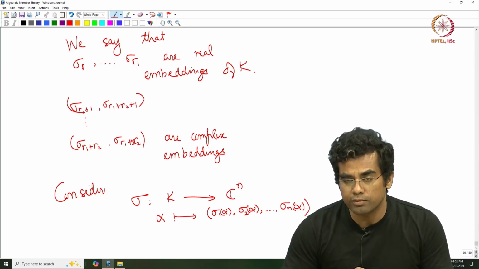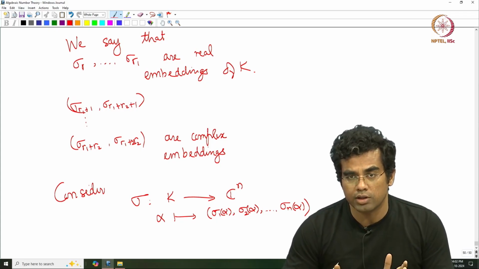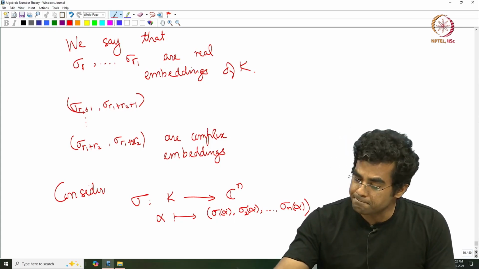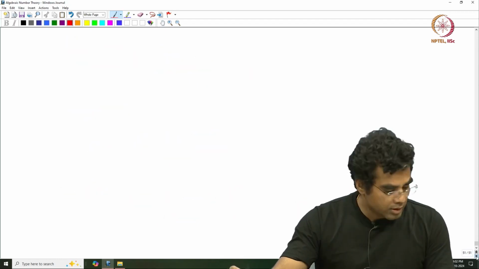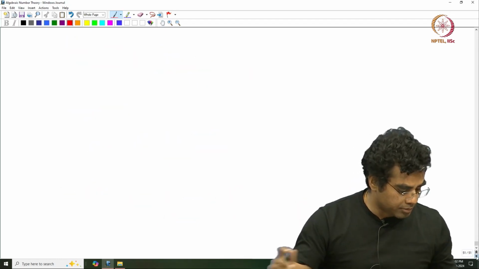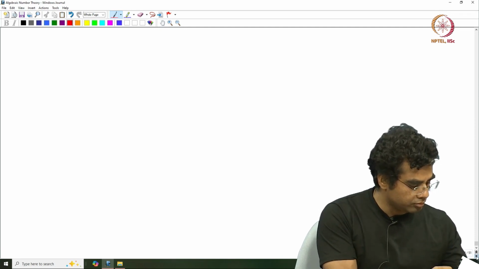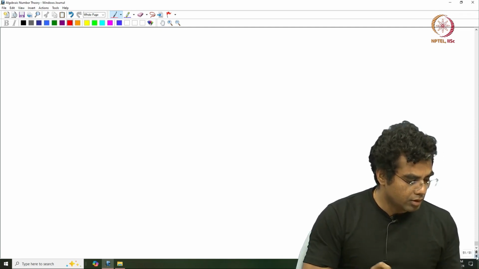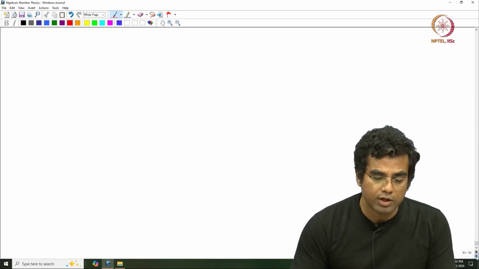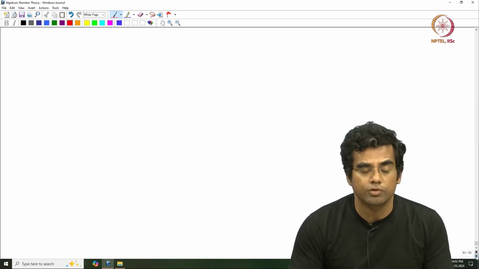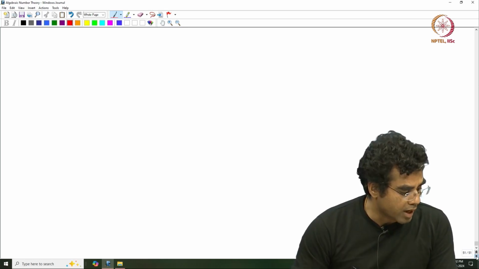The only choice involved here is how you order the embeddings. Okay. So, we call this map sigma for now. Okay. And we want to understand the image of K and the image of OK under this map.